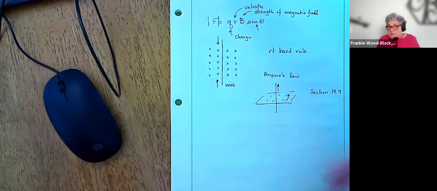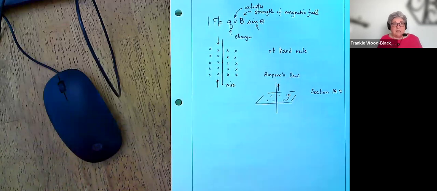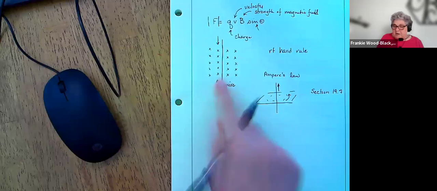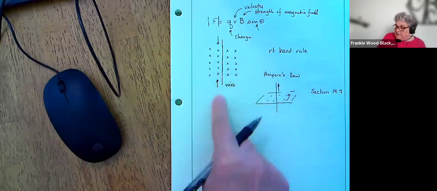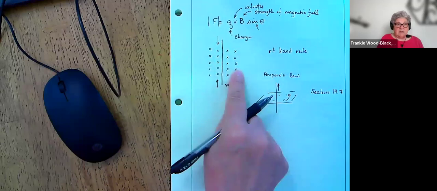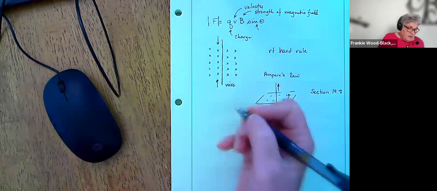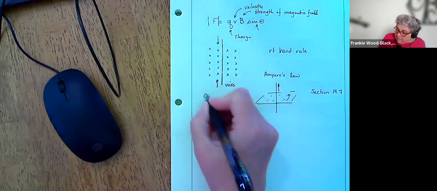Ampere's law is described in section 19.7. When we're dealing with magnetism, we're dealing with a lot of observations. In this experiment, where I take a wire and have it in a magnetic field, we saw that impact where it pushed the magnet down further. That was demonstrated by a person by the name of Orsted.